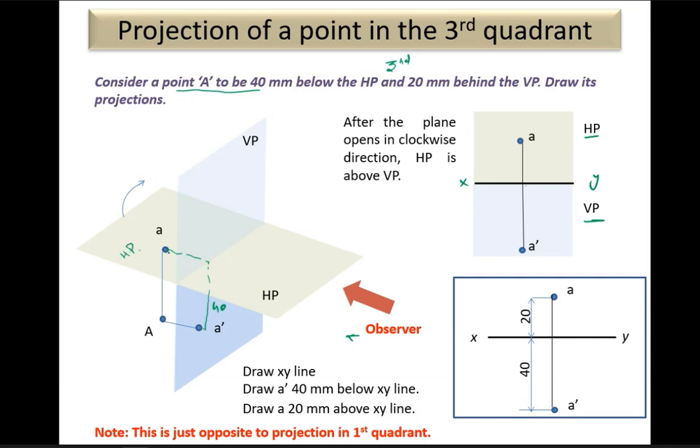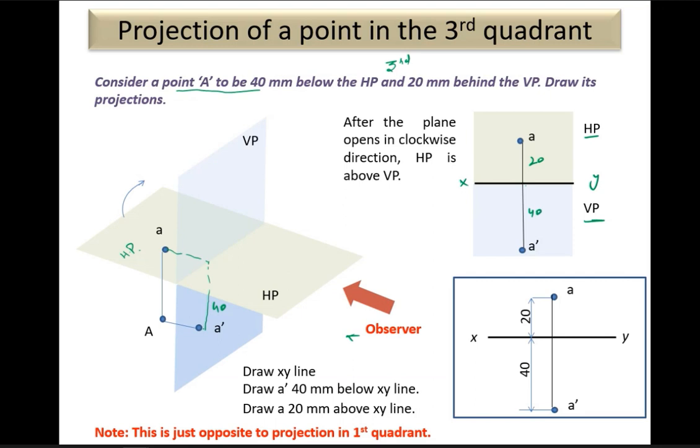It is behind VP by 20 mm, so this will be 20, and this will be 40. Is it clear to all of you how we have drawn the projection? Yes, sir.